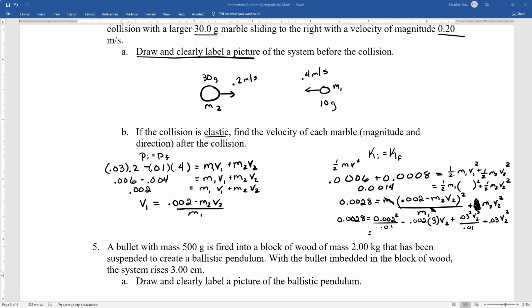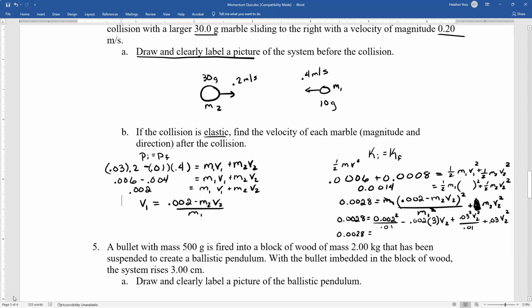It's 30 grams divided by 10 grams. Then I have velocity 2. Then I've got the 0.03 squared over the 0.01 times velocity 2 squared, plus this term just keeps coming down, the 0.03 velocity 2 squared. So I'm going to have the 0.0028, and I'm going to work through the rest of this.